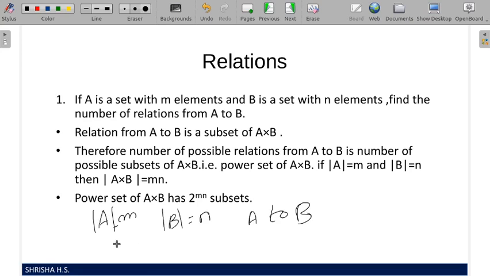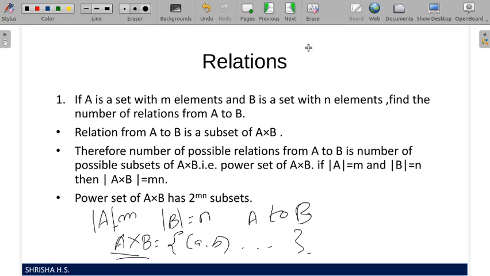We have already stated that if a relation is defined from A to B, then that relation will be a subset of A cross B, which is all possible ordered pairs. So the question distills down to this: how many subsets are possible for A cross B? Those many relations are possible from A to B.